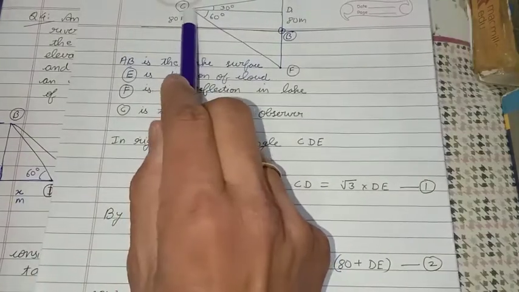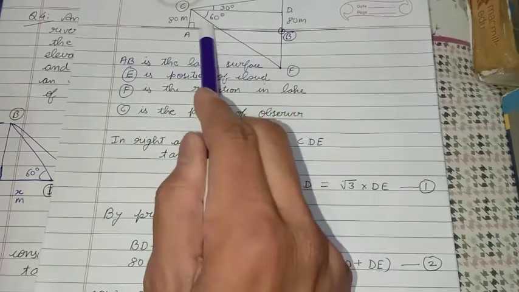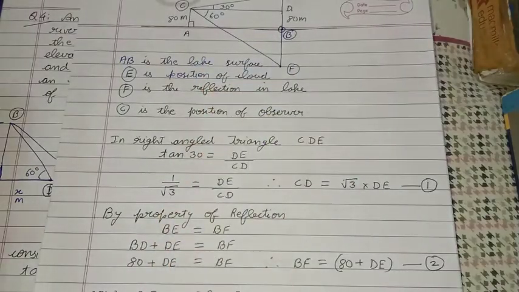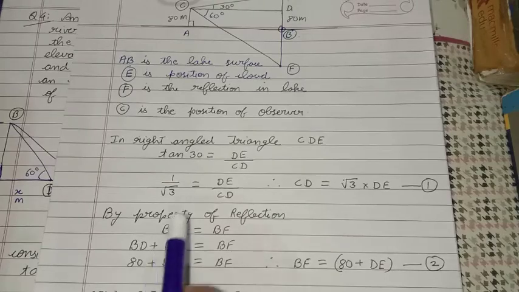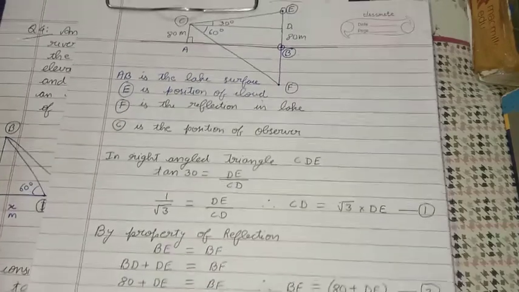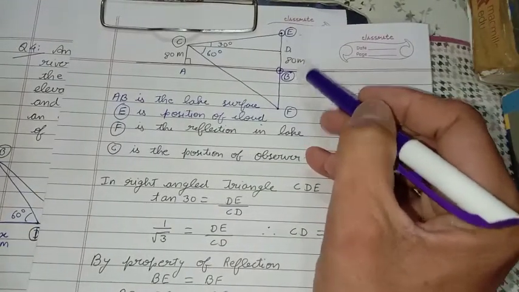This is point C, this is point D, and in this complete triangle, the angle of depression is 60 degree. Now do you know the property of reflection? The property of reflection says BE is equal to BF. Now where are B and BF? Just watch the figure again. See, this point is B, B to E.